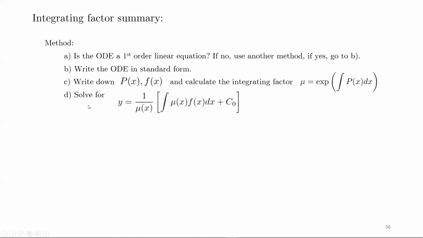Okay, and then we can finally solve for y. And y is given by this expression here, which we derived. Y is 1 over mu of x, assuming x is the independent variable, 1 over mu of x times the integral of mu times f dx, plus the integration constant C0. And please don't forget the C0, it's extremely important. The solution is wrong without it, in fact.